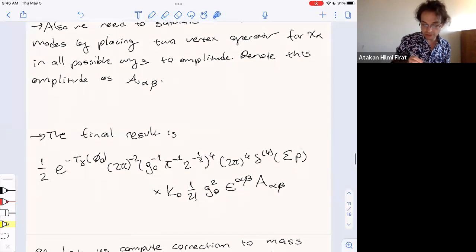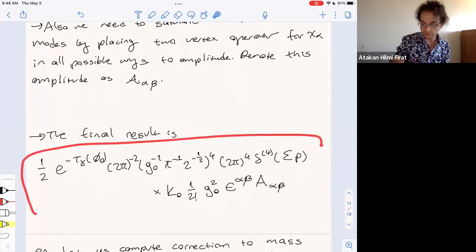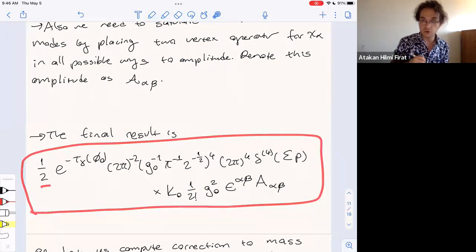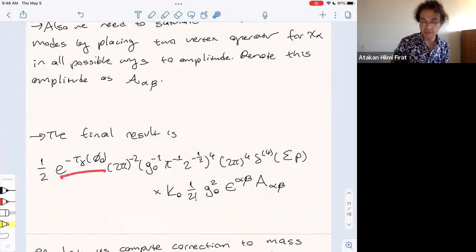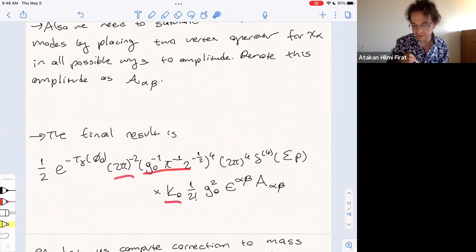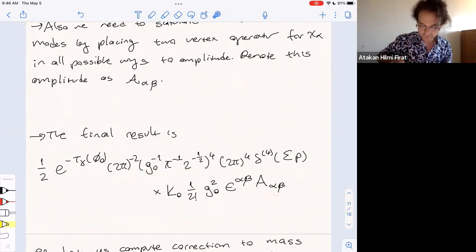And then the final result that we wrote for the amplitude will be as follows. Again, there's this 1/2 coming. I added the disk contribution, the part coming from field redefinition, overall normalization, massive modes amplitudes, and the momentum conserving delta function. And this is all making sense now.